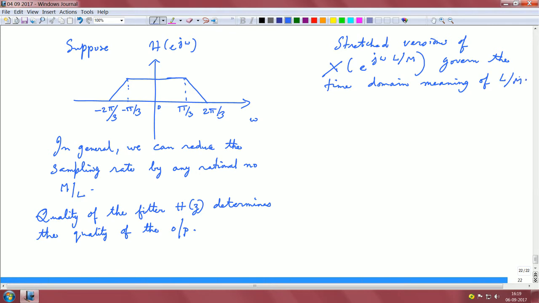So, if we were to alter the sampling rate by a factor L upon m, the stretched version of this spectrum, which is x of e j omega L upon m, governs the time domain meaning of this alteration, right. The 1 over m factor is to account for the decimation, and the factor L appears consistent with upsampling, and you can say that L greater than m is very much possible.